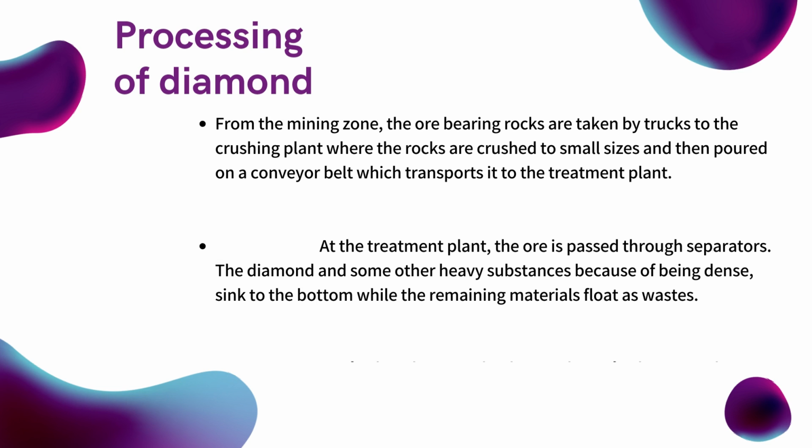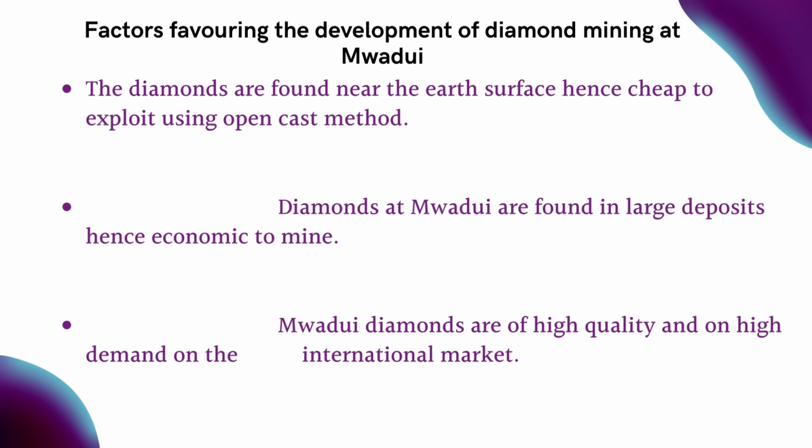Then for further cleaning, the diamonds are passed on a conveyor belt with grease to which they stick. Then wastes are removed electronically. So this is how we see them processed. Then from that, we see them cutting these diamonds, and they're used to process other products, as we have seen.